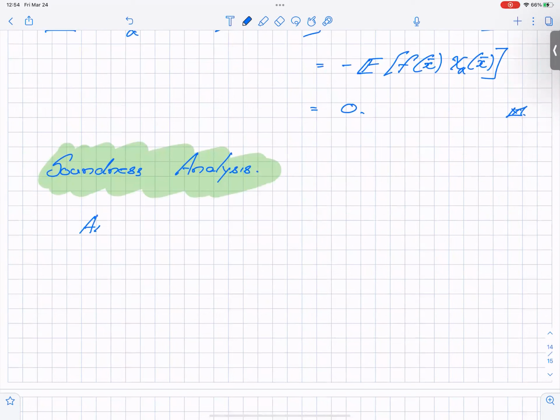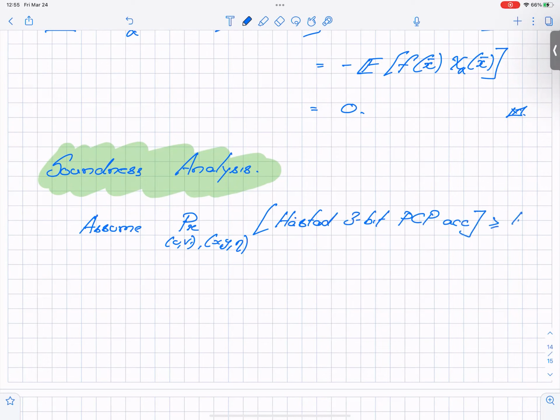Assume the probability over UV, x, y, eta that the 3-bit PCP accepts is greater than 1 plus delta over 2.